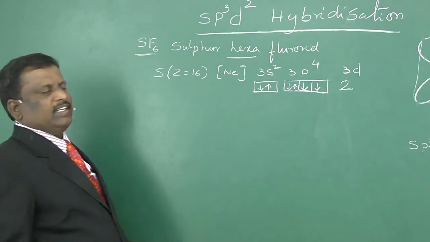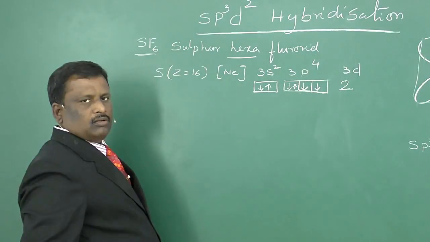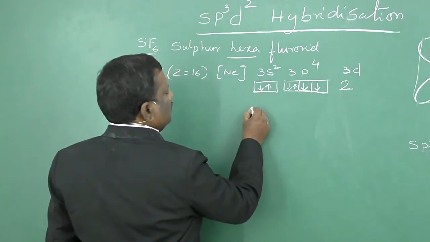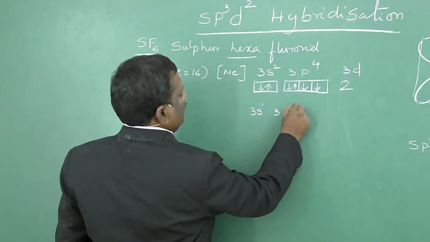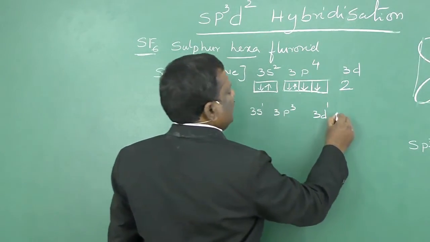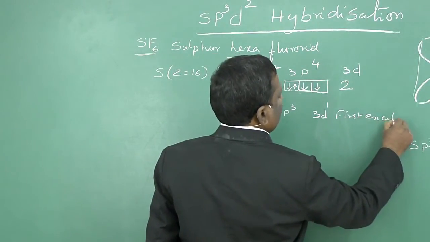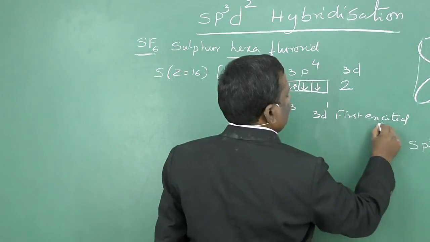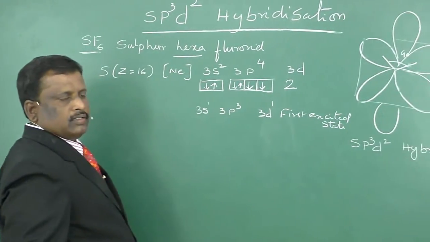In the first excited state, a p electron will enter the d orbital.